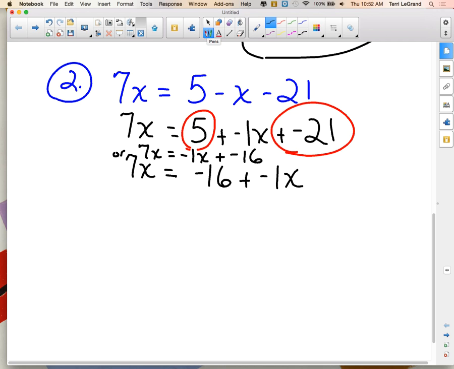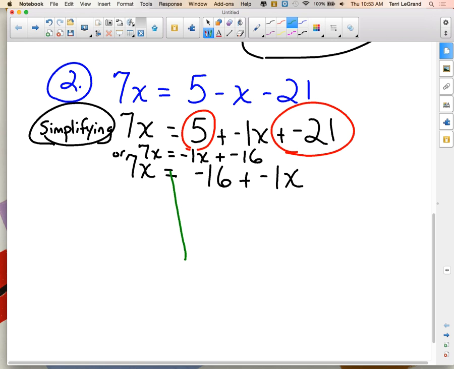Any more simplifying we can do? Because that's called simplifying, right? This is simplifying right here. We have like terms on the same side so we can bring them together. We are simplifying. And now we're ready to solve, aren't we? Okay, it's going to be our first move here.